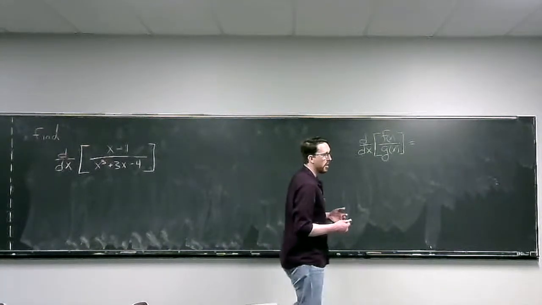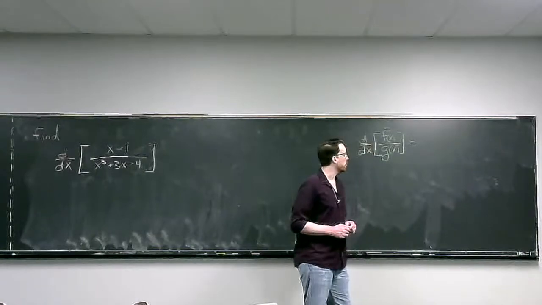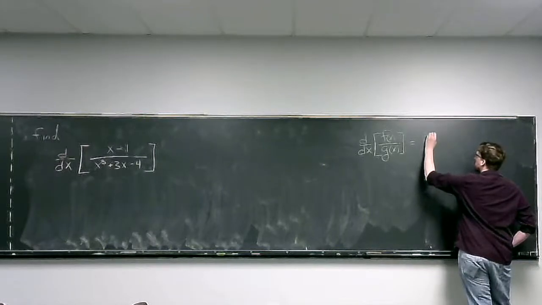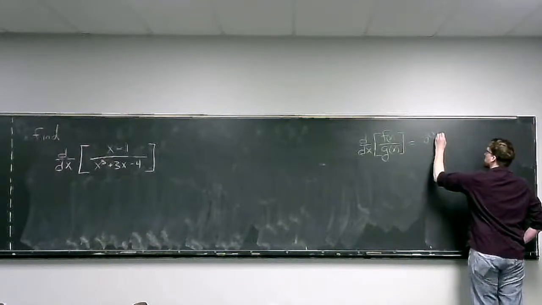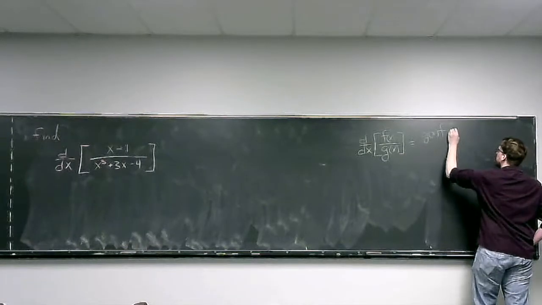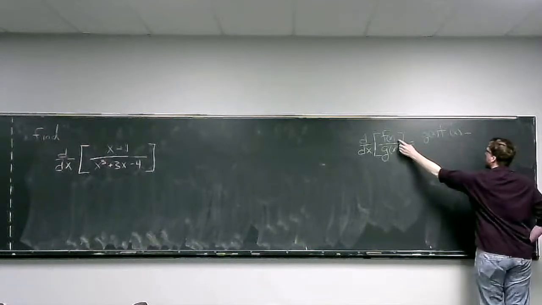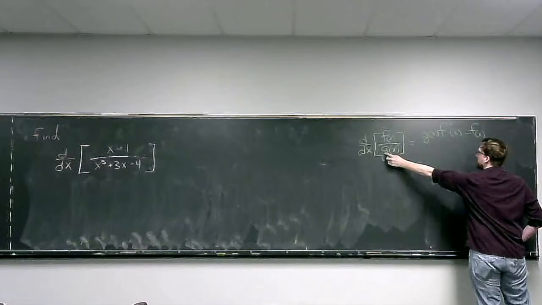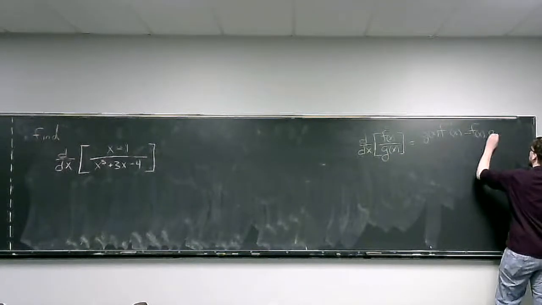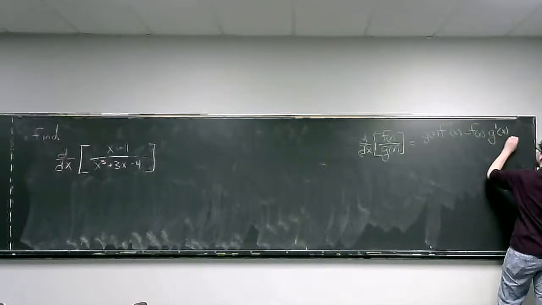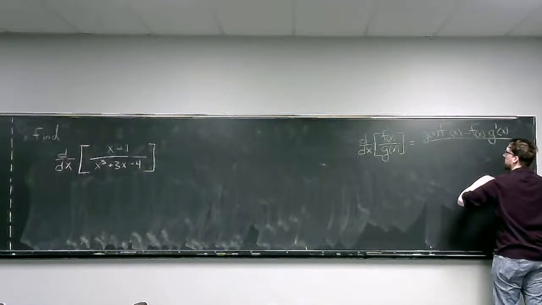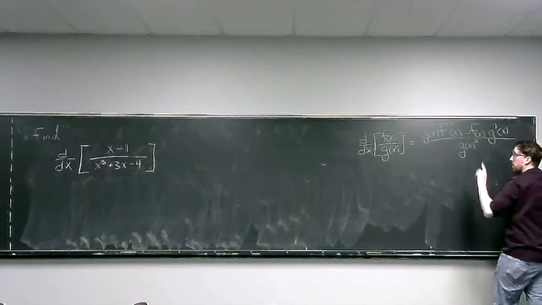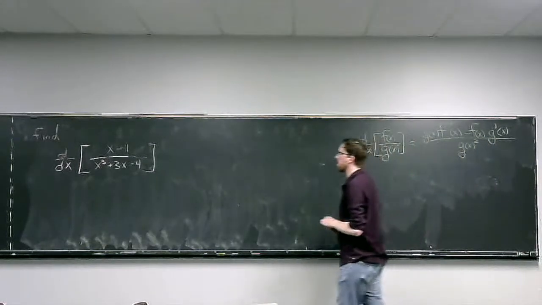What it's saying is low, g of x, times d high, the derivative of f of x, minus high, f of x, times d low, the derivative of g of x, or g prime of x, divided by the square of what's below, that's g of x, that quantity squared. Cool. It's a great little mnemonic.